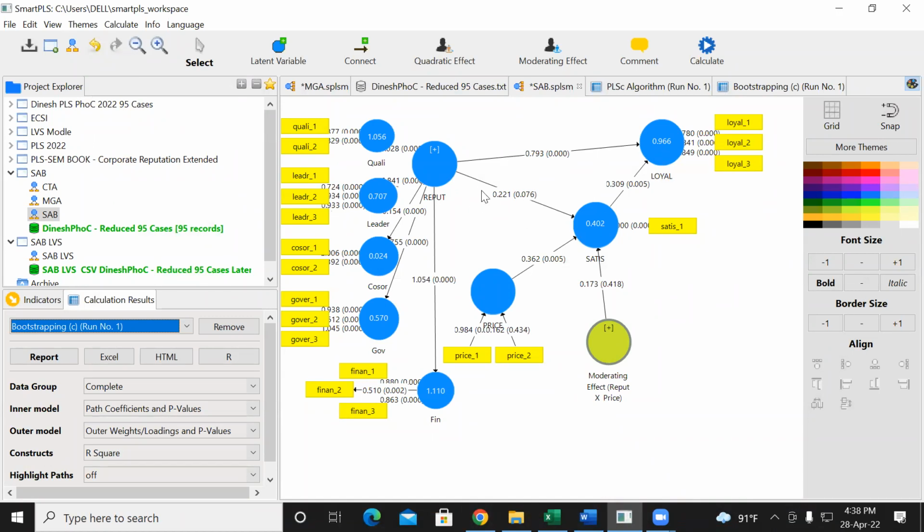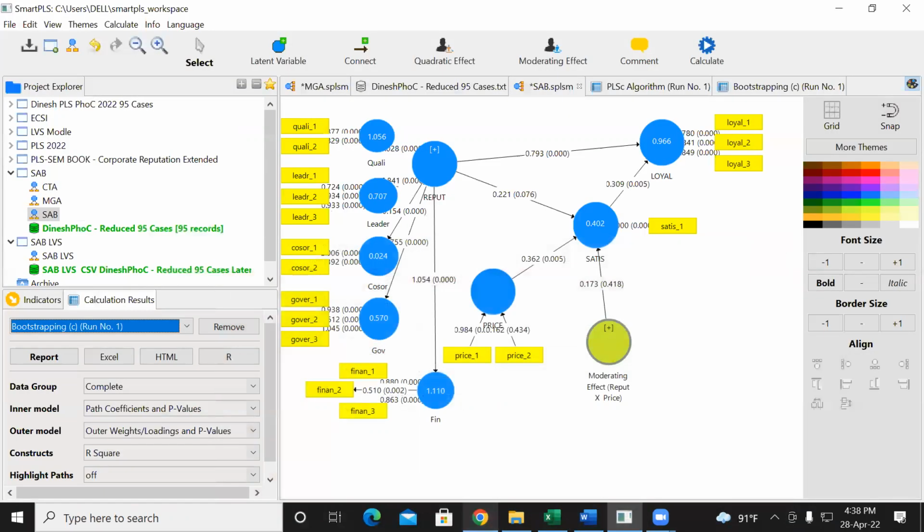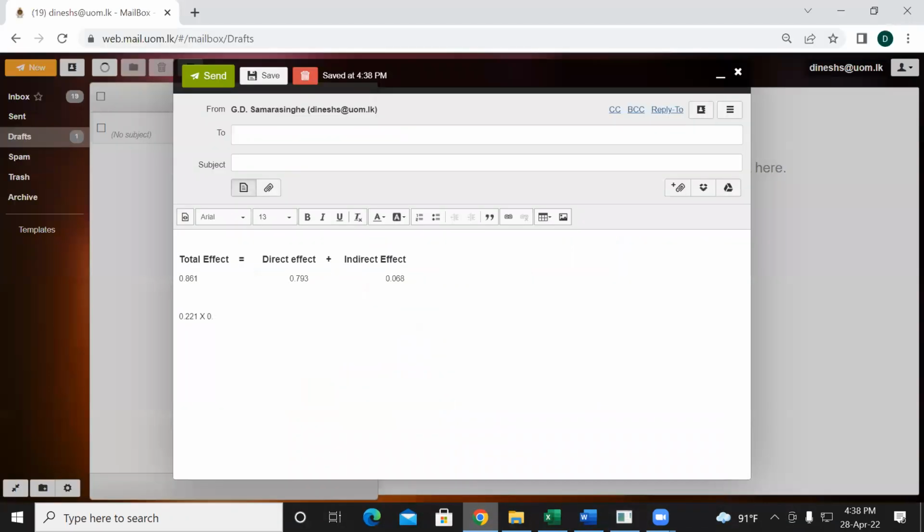These are the two indirect paths, no? 0.221 multiplied by 0.091, and 0.221 multiplied by 0.309. When you multiply the indirect path coefficients, you get the indirect effect, right? Approximately.